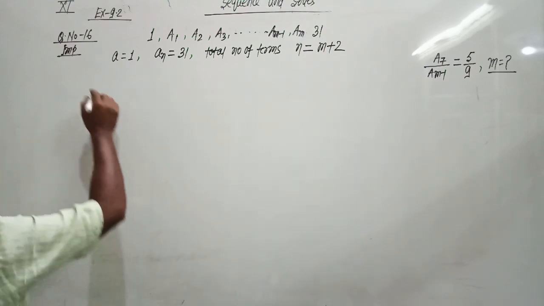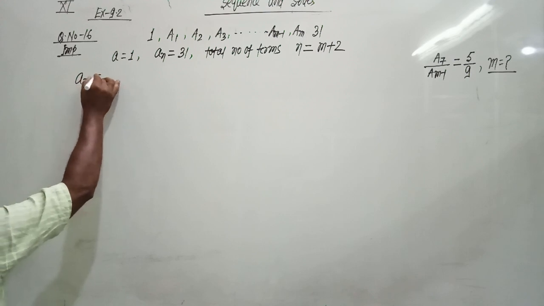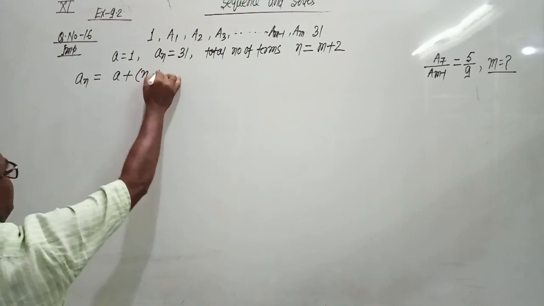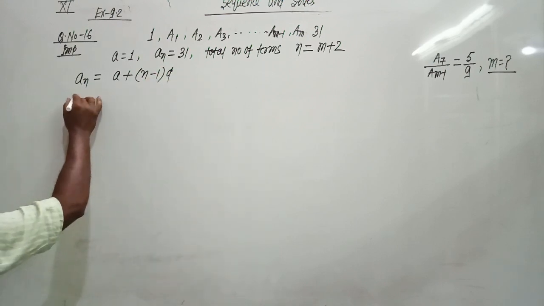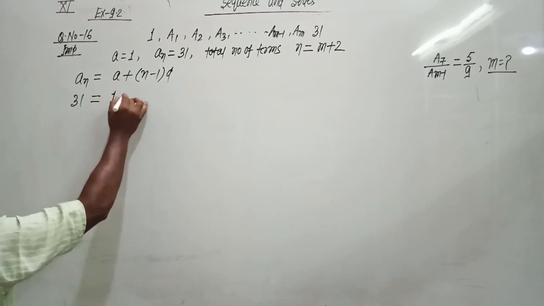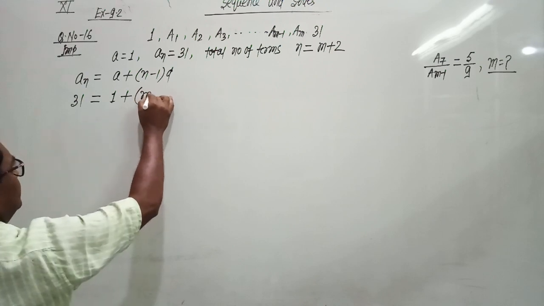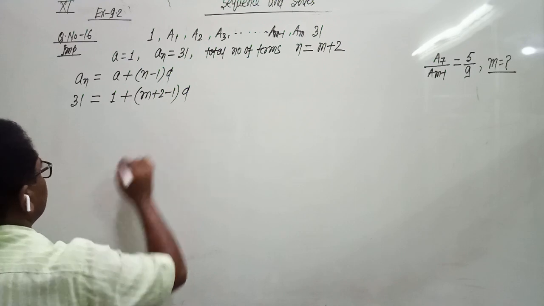Now we use the formula for the nth term: an equals a plus (n minus 1) into d. The value of an is 31, the first term is 1, and the total number of terms is m plus 2, minus 1, into d.